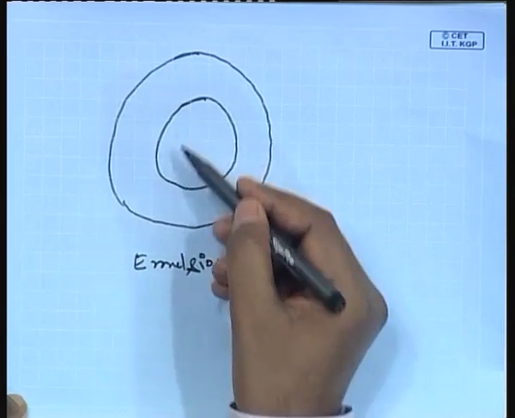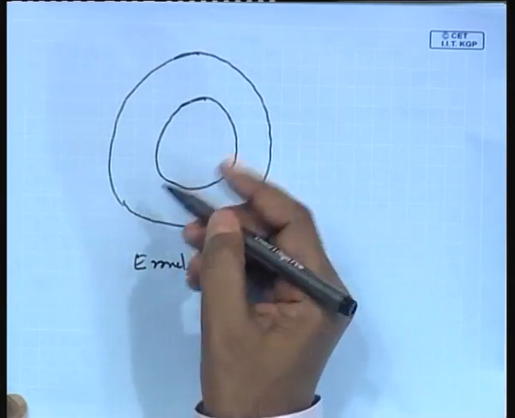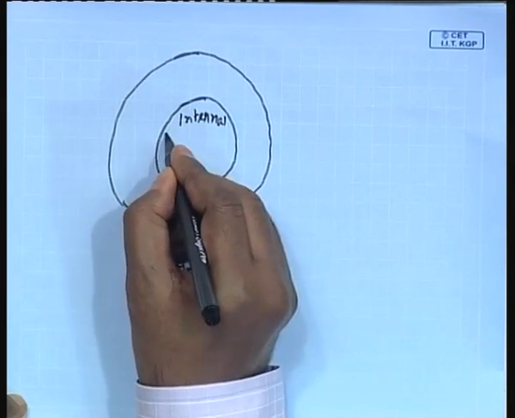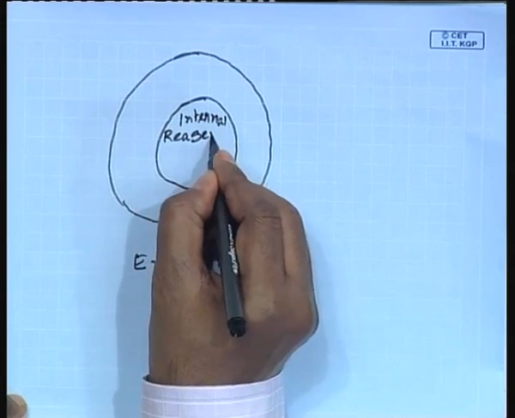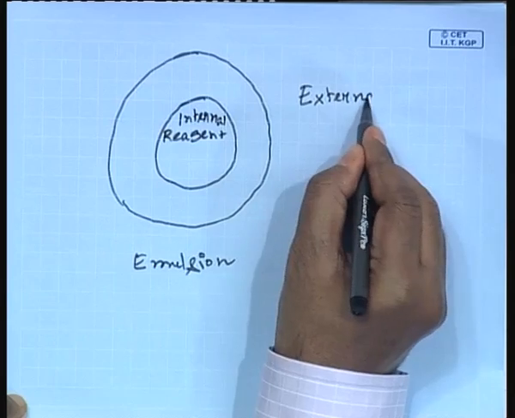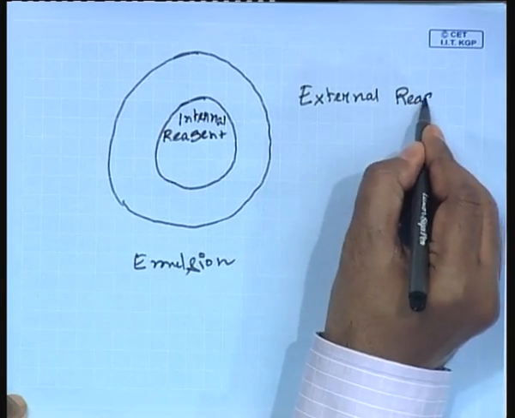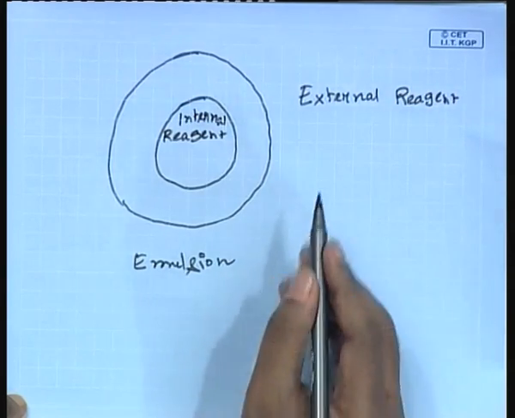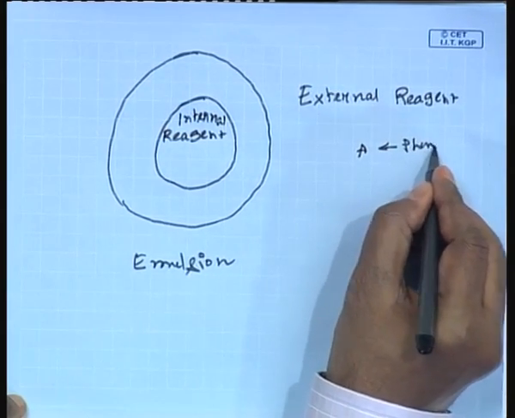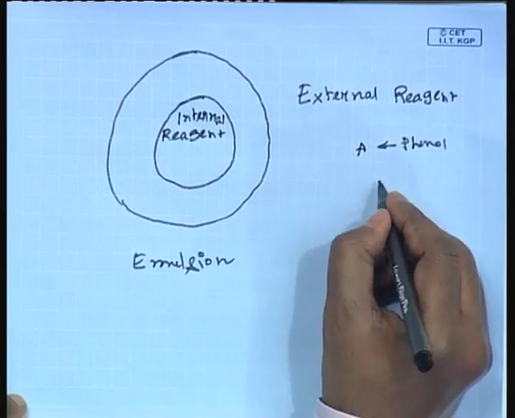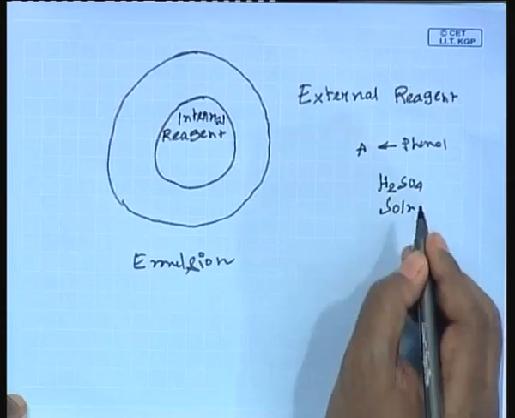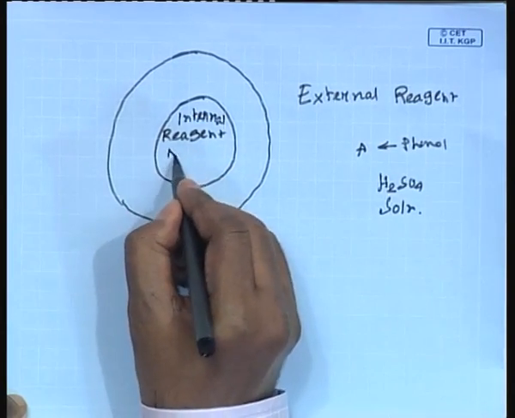There is basically a double emulsion, one droplet is formed inside, that is the internal reagent, another one is the external reagent, and let us say A is phenol, it is present in the external phase, and the external phase, let us say, is a sulfuric acid solution, and the internal phase is nothing but NaOH solution.